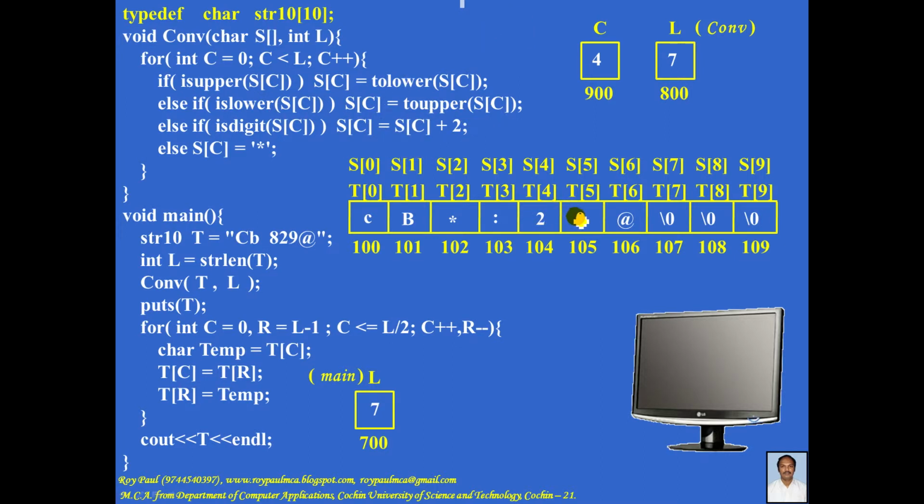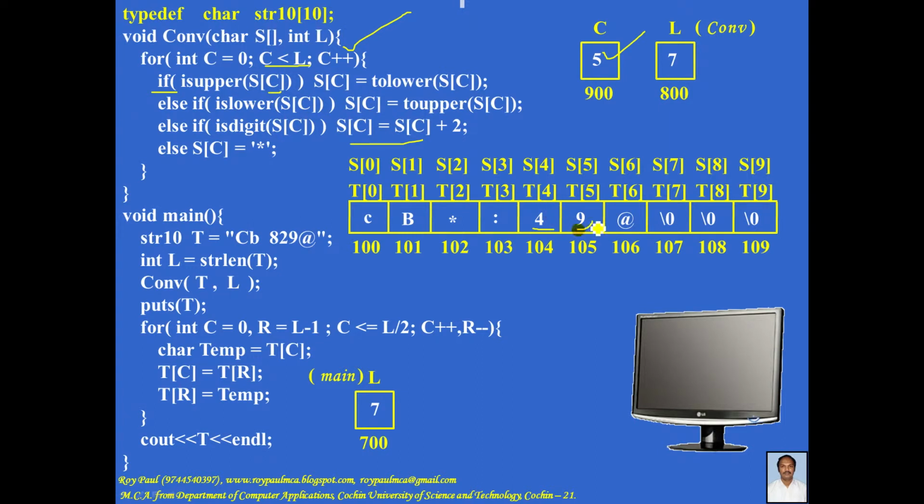But 52 will not come here because it's an array of characters. So the character equivalent for 52, which is nothing but character constant 4, that comes here. So you can see character constant 4 comes. Now after this C++, C becomes 5. Now 5 less than 7, condition true, comes inside.